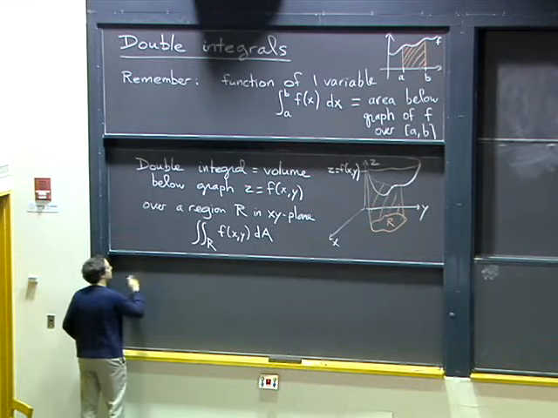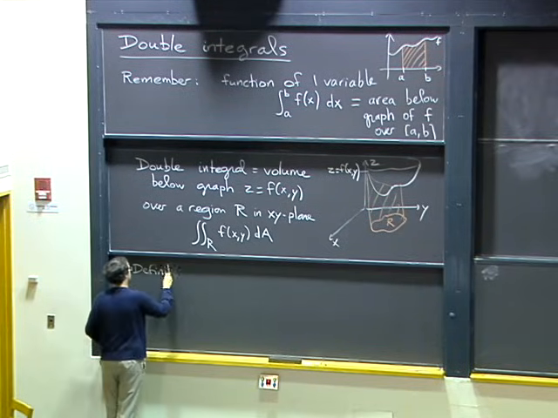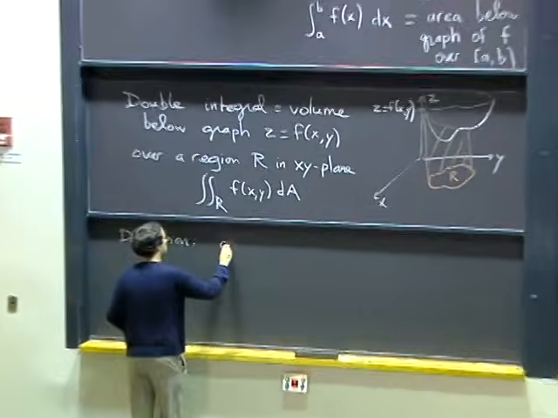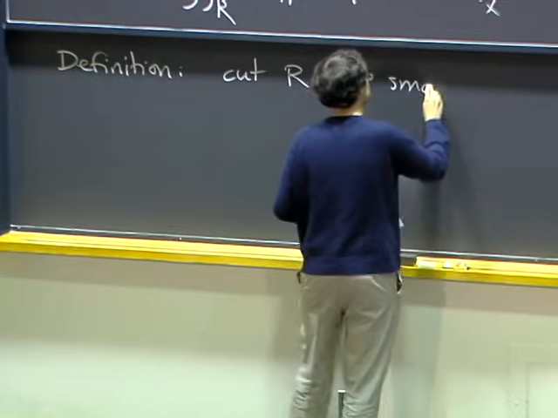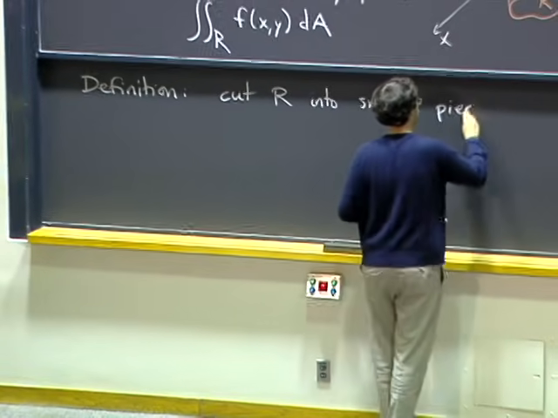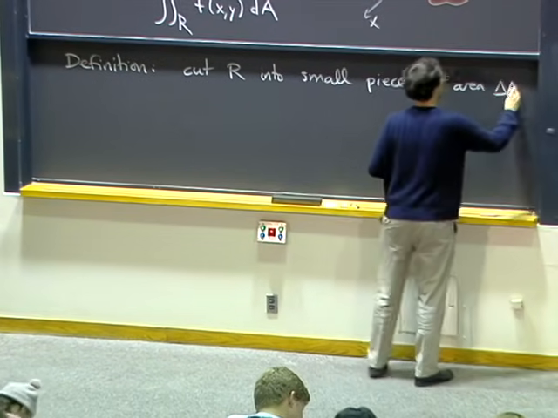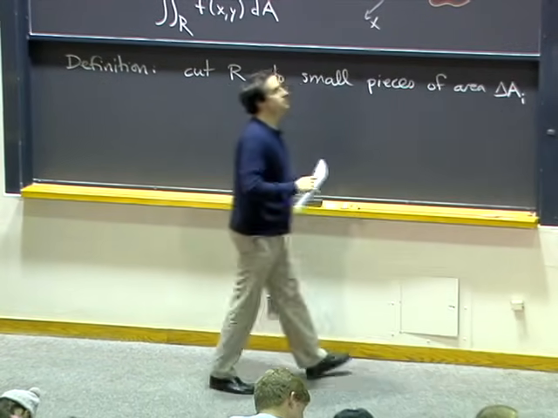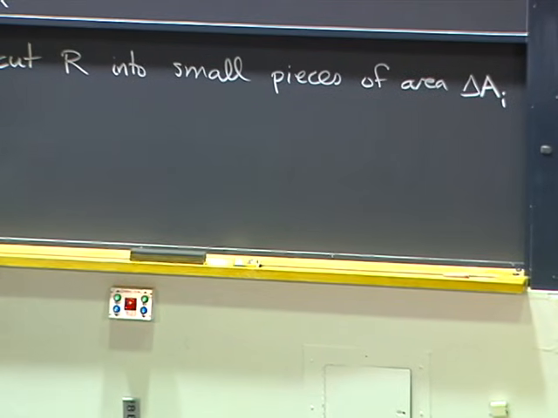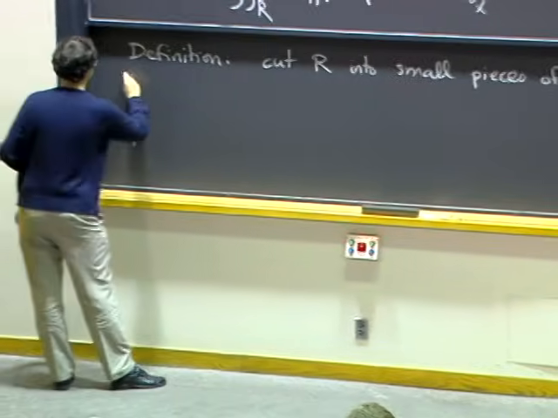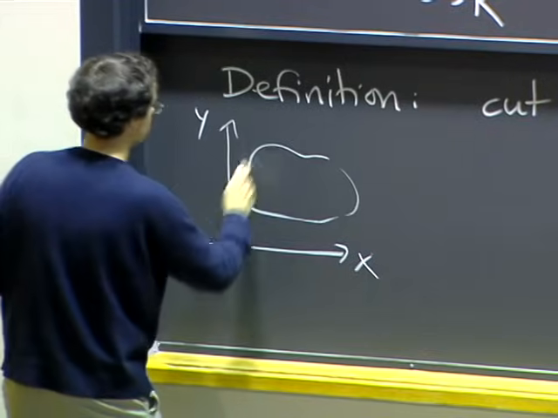So the actual definition involves cutting R into small pieces of area that's called delta A, or maybe delta A_i, the area of the ith piece. Maybe in the xy plane, we have our region, and we'll cut it using some grid.